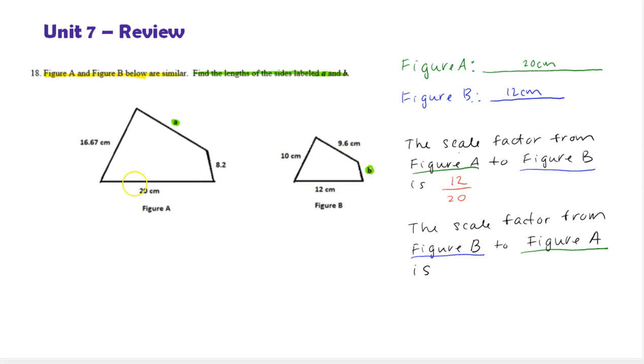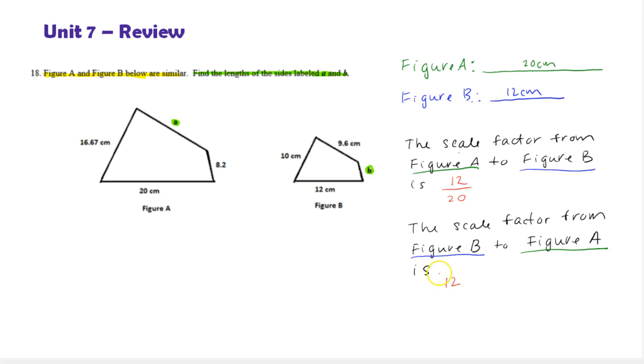So I take the 20, if I divided it by 20, I'd get 1, and then I want to multiply by 12 to get the 12. So again, the scale factors through this process going from one to the other are the reverse of when we talk about the multiplicative factor. Now here, to go from figure B to figure A, to get 20 from 12, I'd divide by 12.